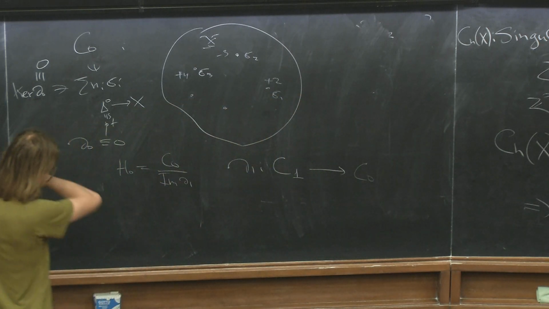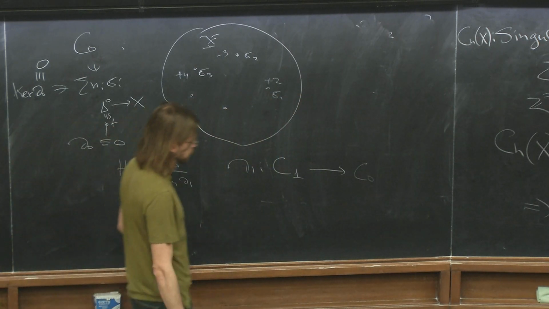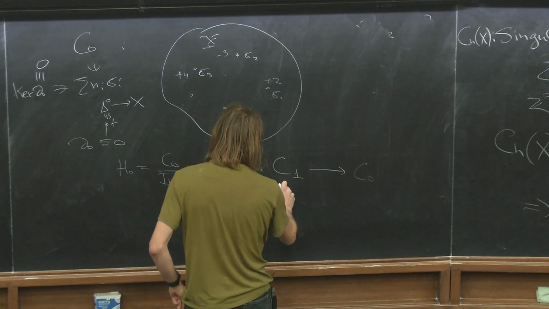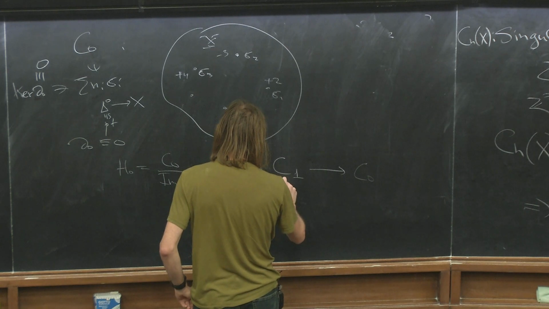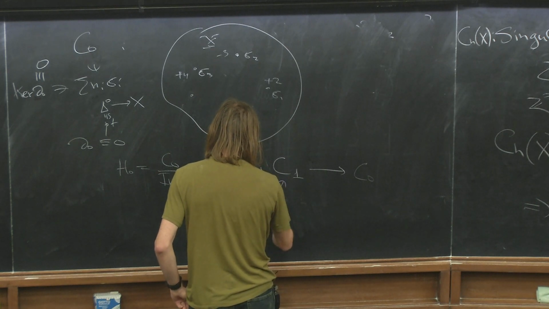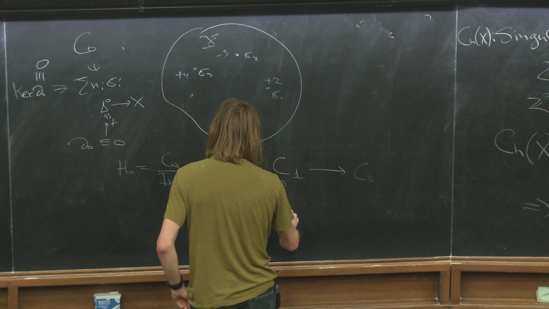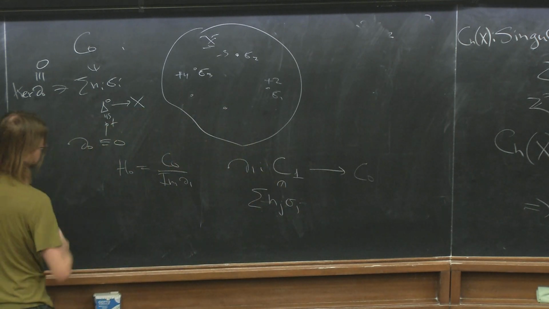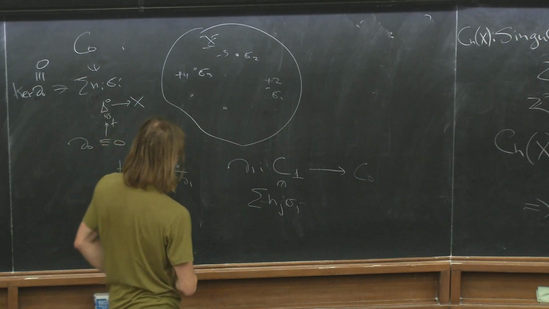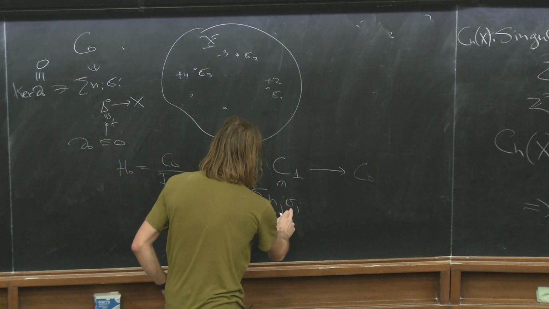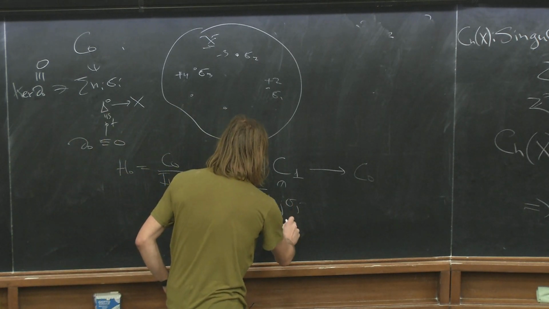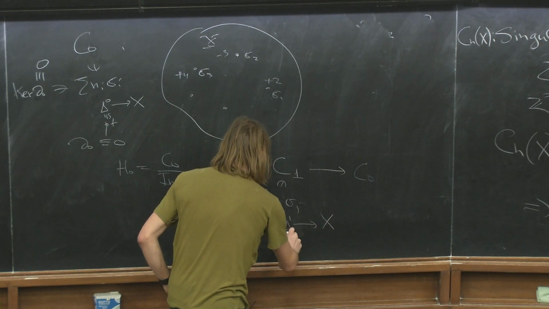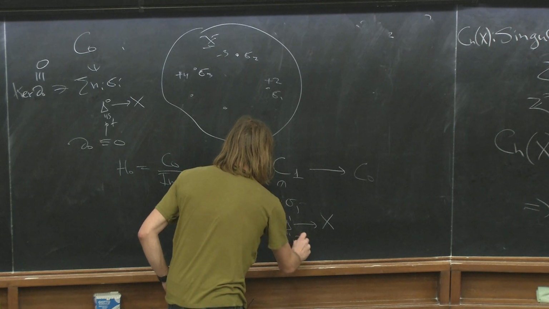So how do we understand one chains informally? An arbitrary element here is again of this form, but now each term is a map from a one simplex to X, and a one simplex is an interval.